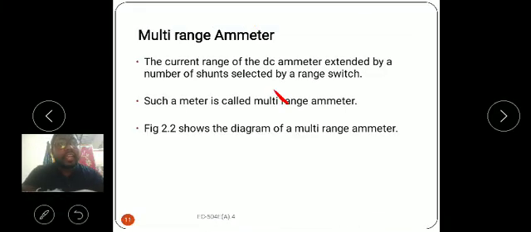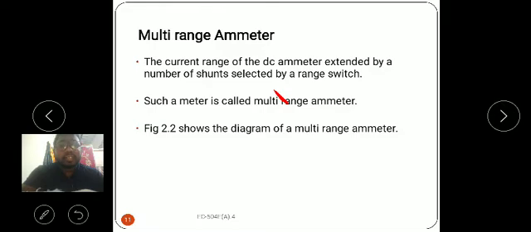The current range of the DC ammeter is extended by a number of shunts, that means the shunt resistor selected by the range switch. Here we are using one switch. With the help of this switch we connect to multiple resistors, that means multiple shunt resistors.